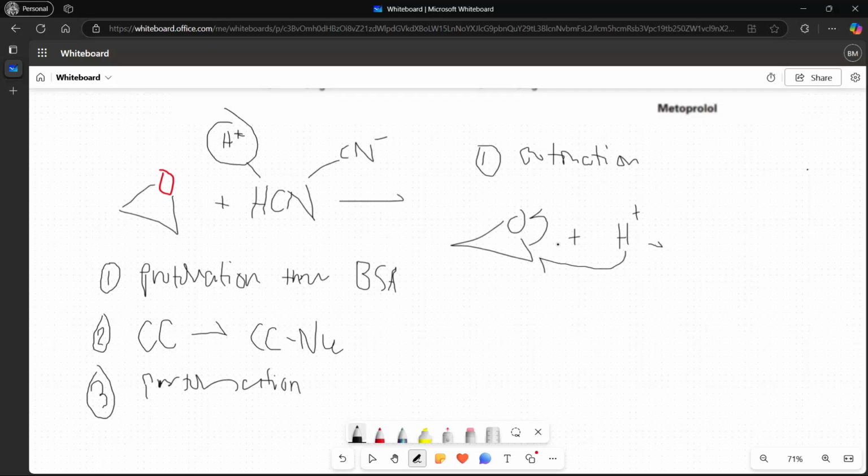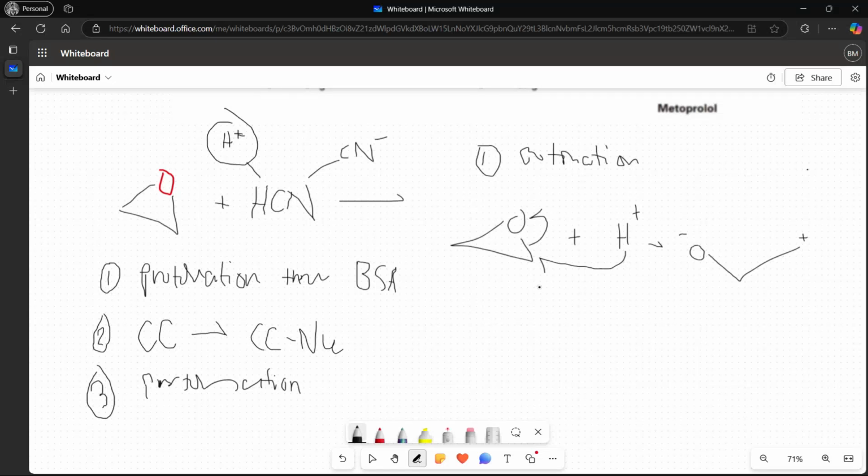So you have a terminal carbon already. Then you have an O minus, and you have a carbocation on this side, because it already opens up, it cleaves.